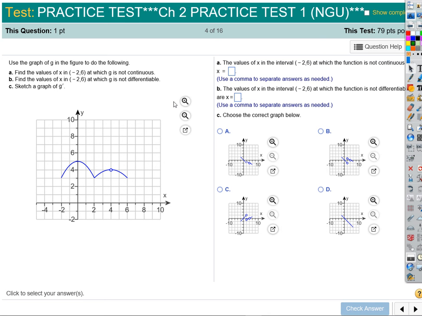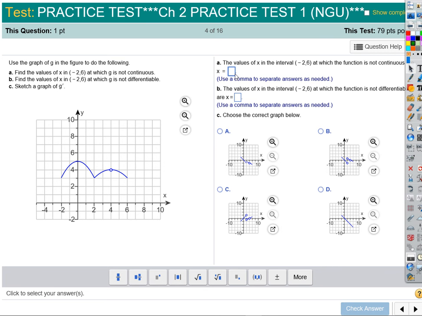So where is the function between -2 and 6 discontinuous? 4. How come, Daisy? There's a hole, right? Think of my rule. If I'm looking at the graphical rule for continuity, a function is discontinuous where I have to pick my pen off the board, right? Okay, so right away, we know it's discontinuous at x equals 4. Okay?